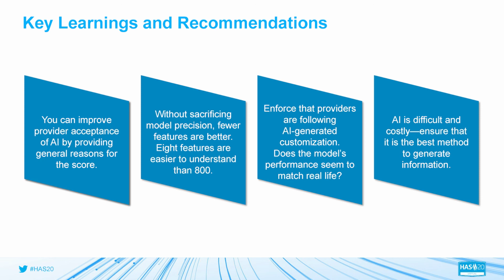You might say 8 is better than 800, and you might be able to say, this person is in the highest risk category because of a claim, or because of a lab result. The care managers have access to all of that information, and this will begin to resonate with them. So more information to care managers is better than less.